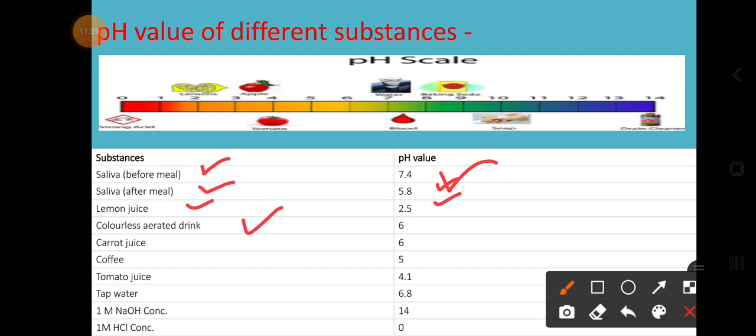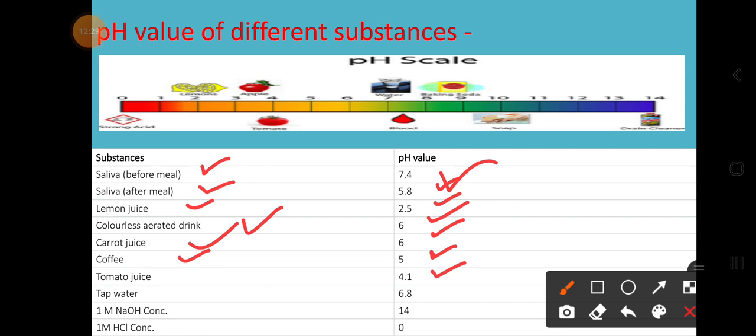Colorless aerated drink is 6. Carrot juice has a pH value of 6. Coffee has a pH value of 5. Tomato juice has a value of 4.1. Tap water differs from distilled water, which we obtain from rain, because tap water contains lots of minerals and other compounds.